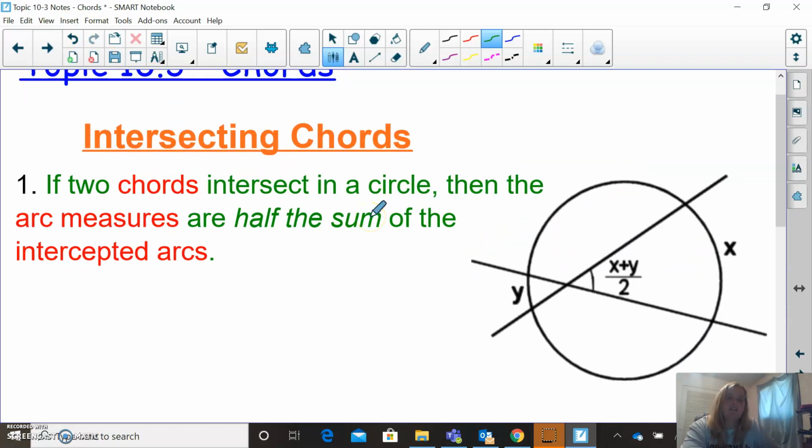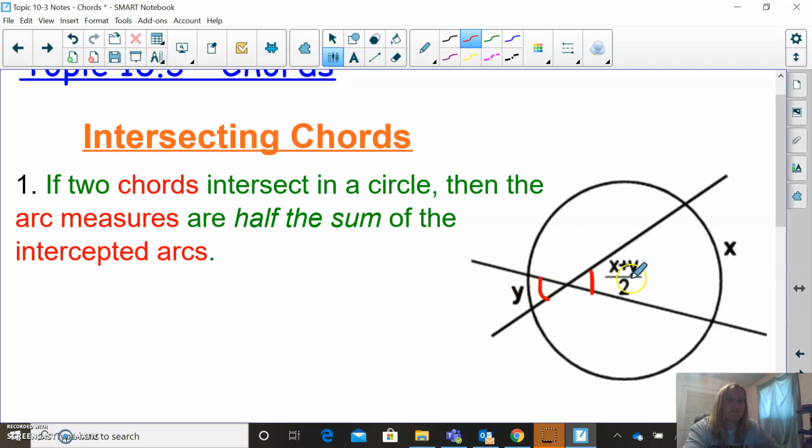So, intersecting chords. If two chords intersect in a circle, then the angle measure is half of the sum of the intercepted arcs. So, okay, this angle right here, I'm going to mark in red, is congruent to that angle by vertical angles, right?